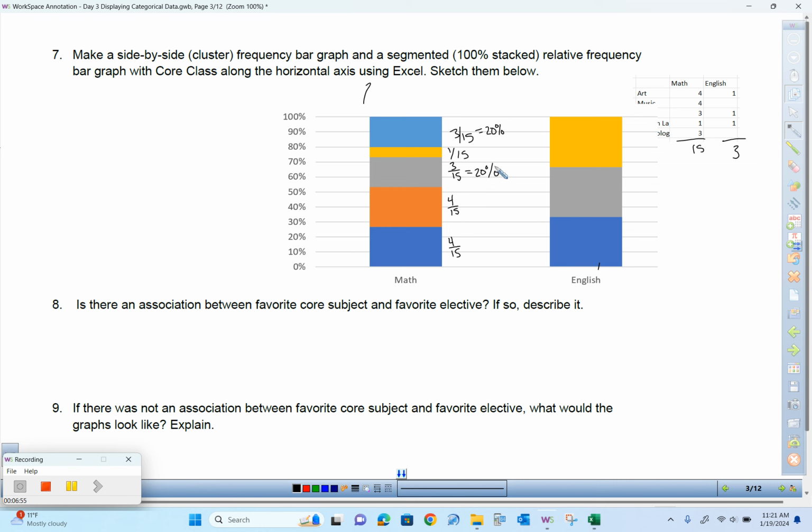When we go back to 1 out of 15, that's 6.6 repeating. If you can write these as exact decimals, I want you to. All of them are going to be rational numbers, but some of them you won't be able to tell when they repeat soon enough, so you'll just round it in those cases.